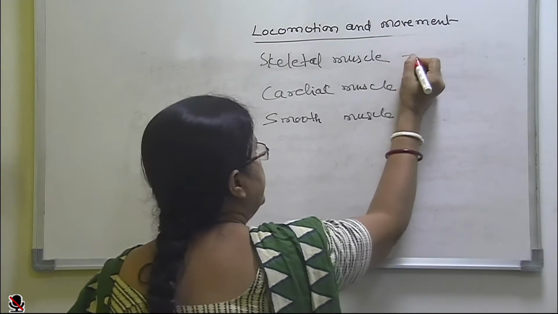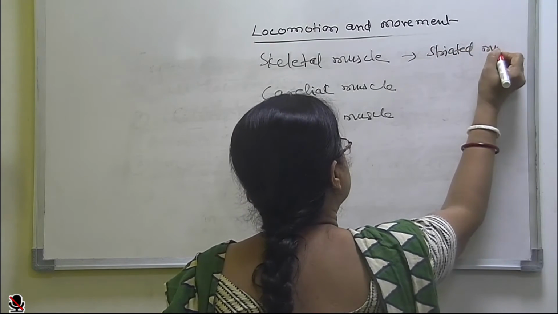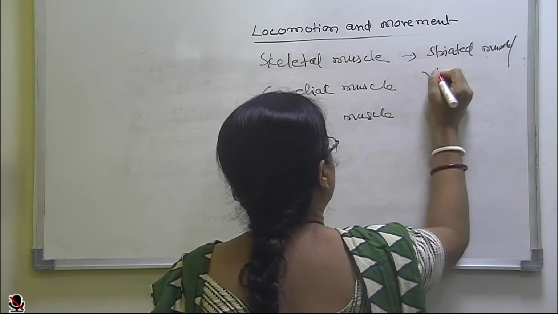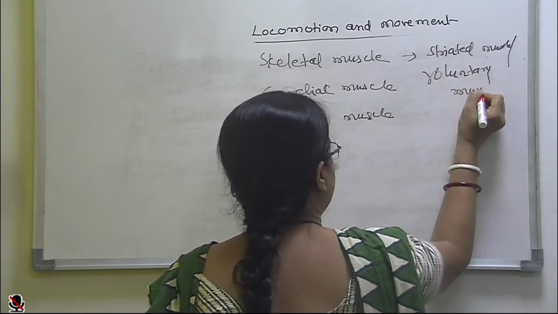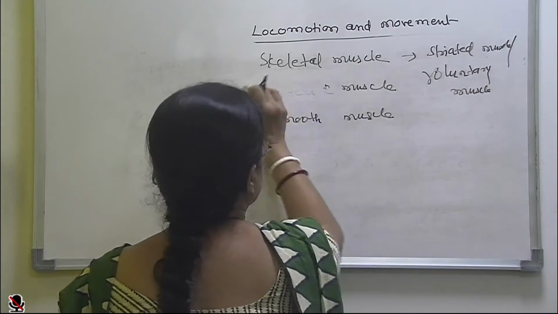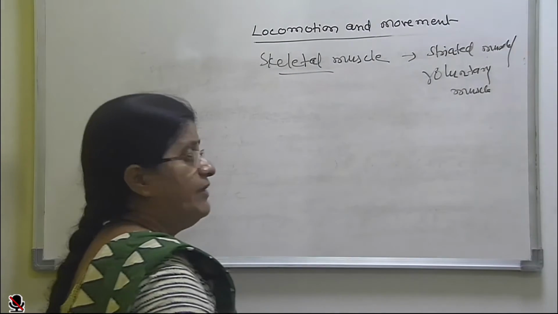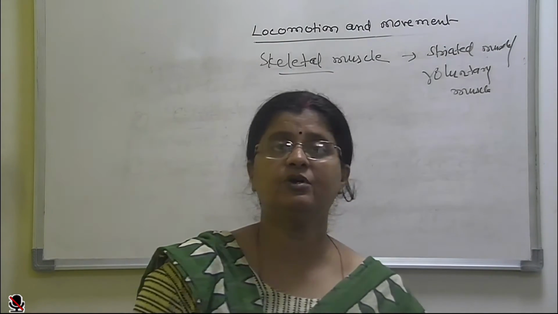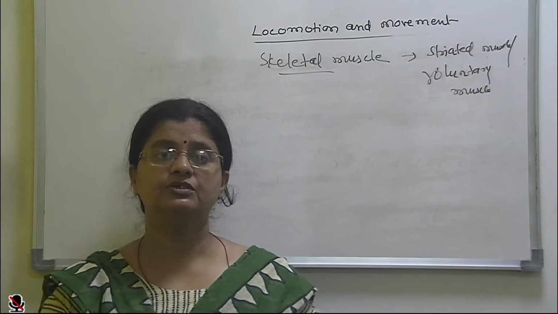right? So the skeletal muscles are also called striated muscles or voluntary muscles, right? Now we will see first this skeletal muscle, right? And why are they called skeletal muscle? Because they are attached to the bones, right?